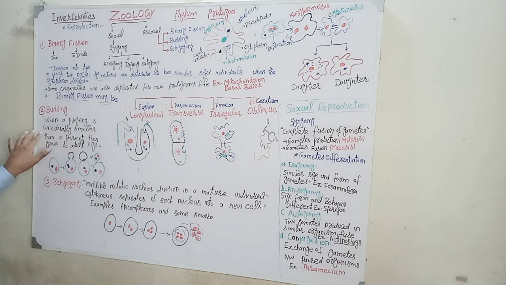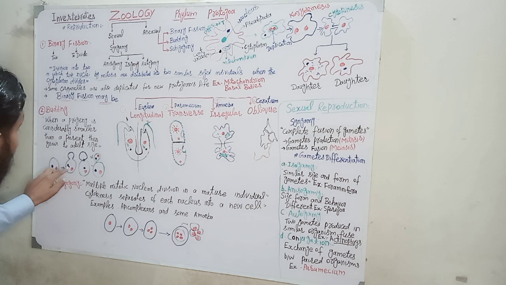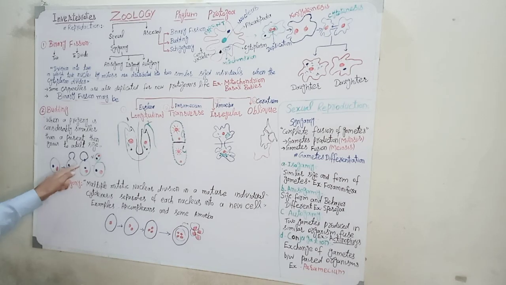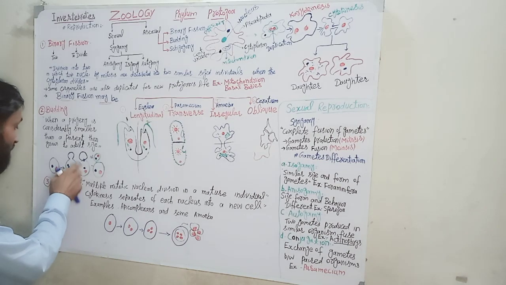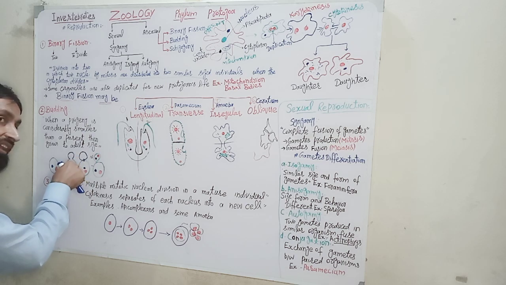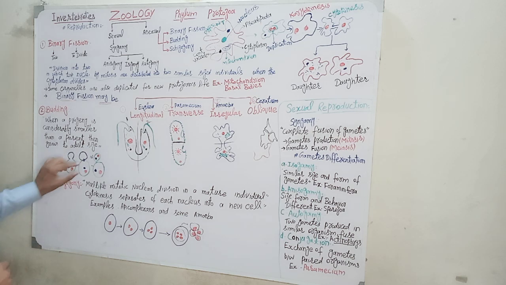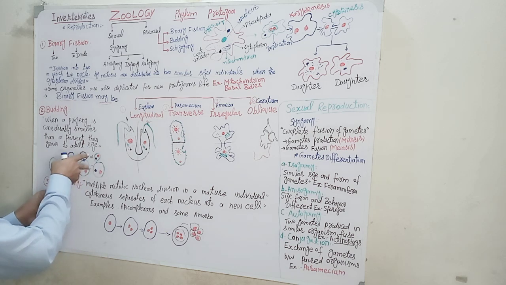When a progeny is considerably smaller than a parent, and then grows into adult size, it means that initially a single parent organism forms the bud, then this also forms another nucleus. So here you can see the first nucleus is remaining here and the second one is entering into the daughter organism.